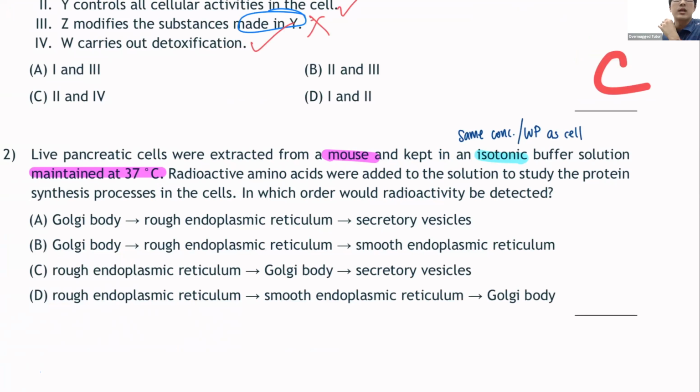So when we are following the processes of protein synthesis, where does it occur, and then where does it go to next? What is the thing that synthesizes proteins first?